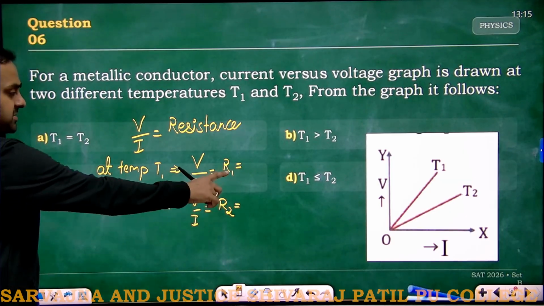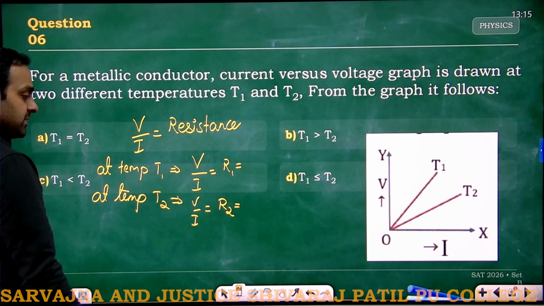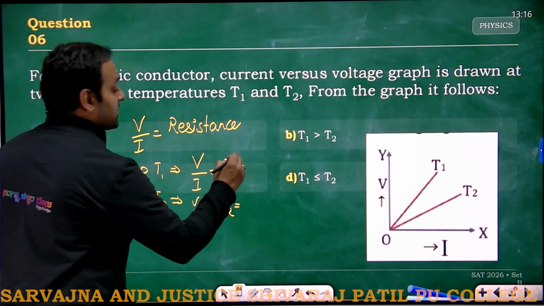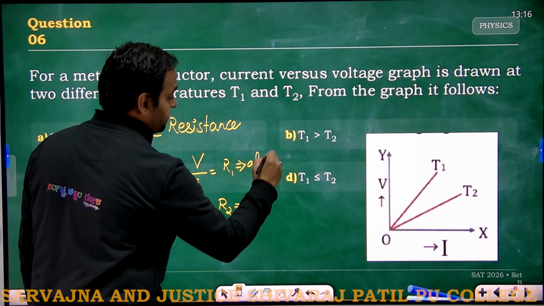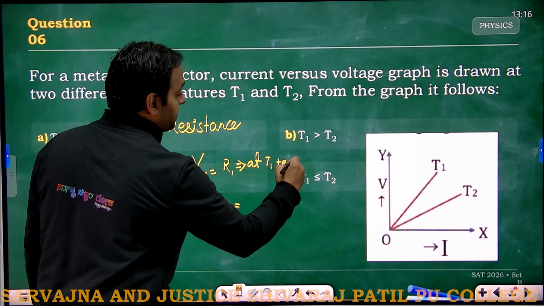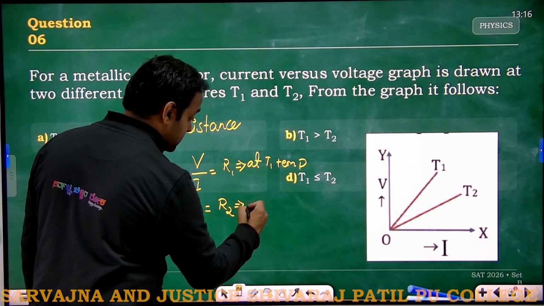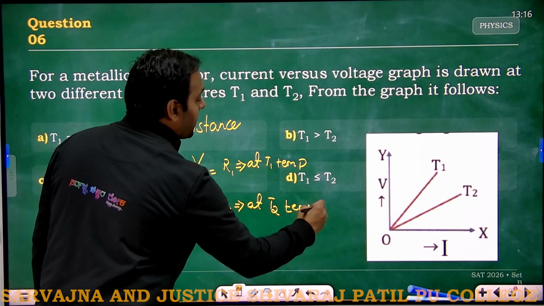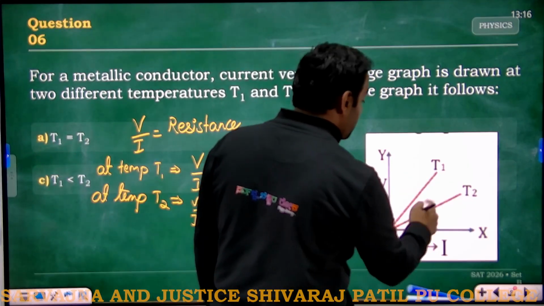What does R2 represent? R1 represents the resistance at temperature T1 and R2 represents the resistance at temperature T2.